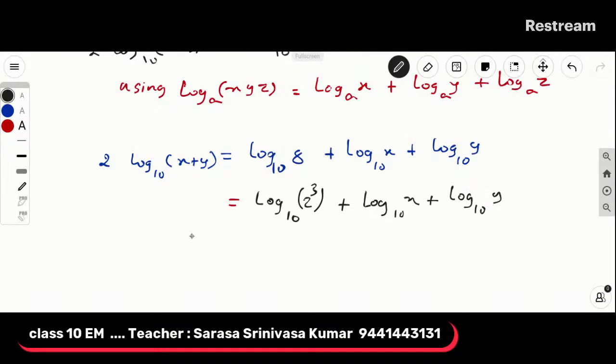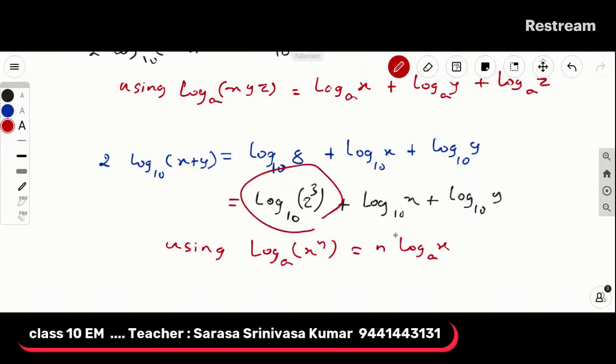So this is equal to, using the formula log of x to the power of n to the base a equal to n log x to the base a, this term can be expanded as 3 log 2 base 10.